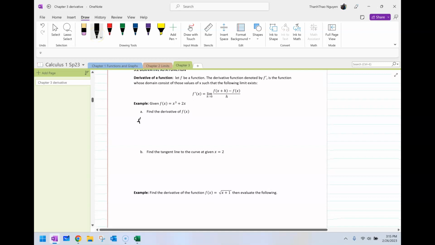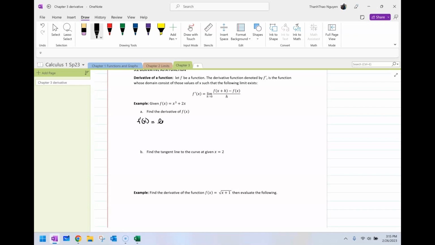The derivative of f of x is given by the limit as h approaches 0 of f of x plus h minus f of x, divided by h. And we simplify this.